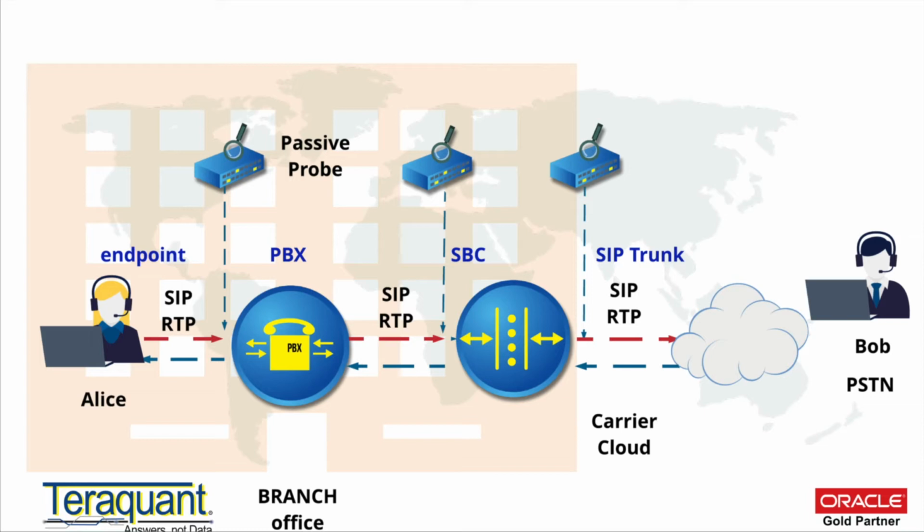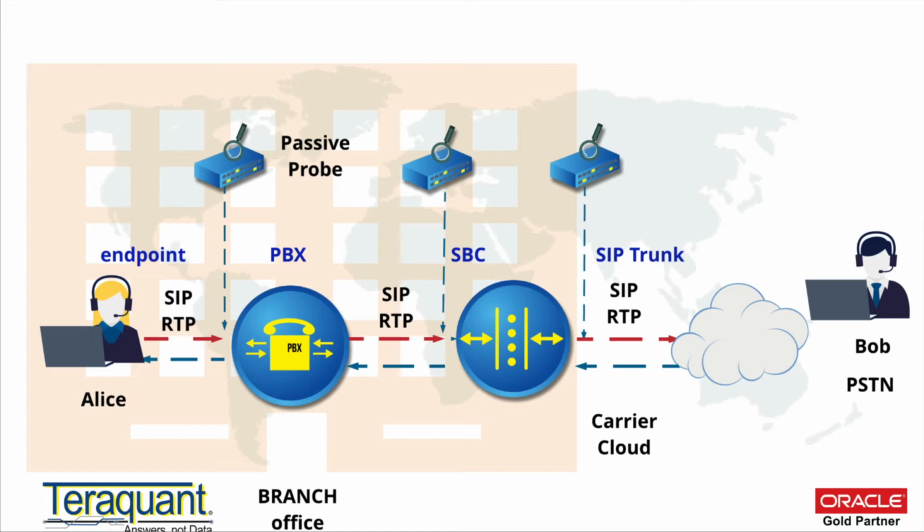These probes need not be expensive. In fact, in the case of Oracle Enterprise Operations Monitor EOM, they are free, but you will need some hardware or virtual hardware to run this probe software.